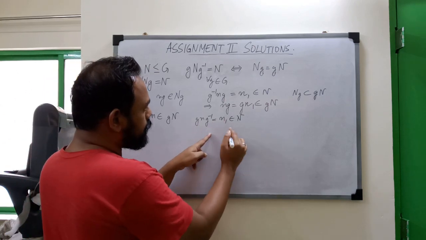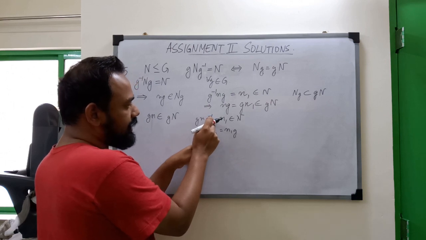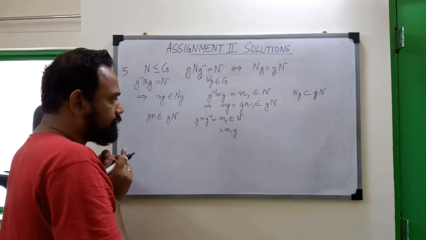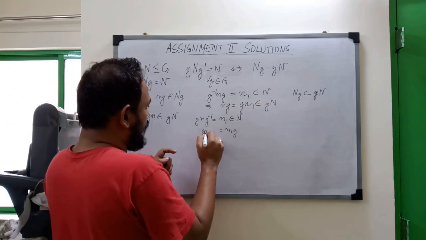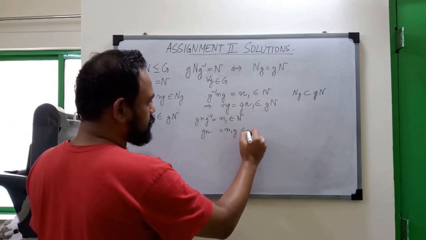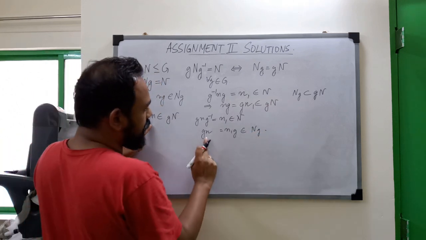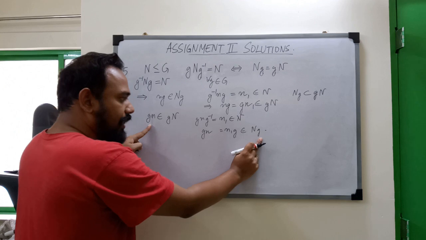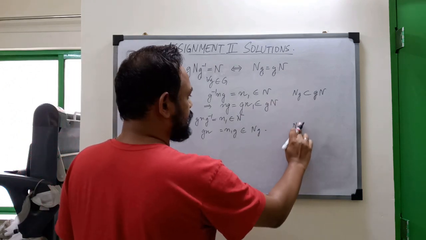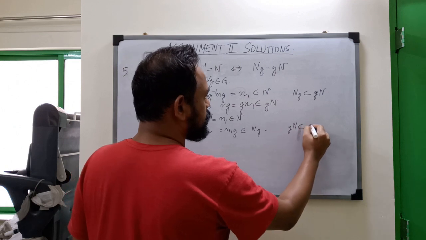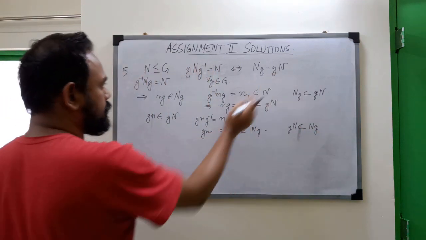You get n1g on this side, and the g on the right eliminates the g inverse here, and so you get gn, and that's an element of the right coset. So you started with an element of the left coset, and that element is an element of the right coset. So again, the left coset is a subset of the right coset, and so the two are equal.